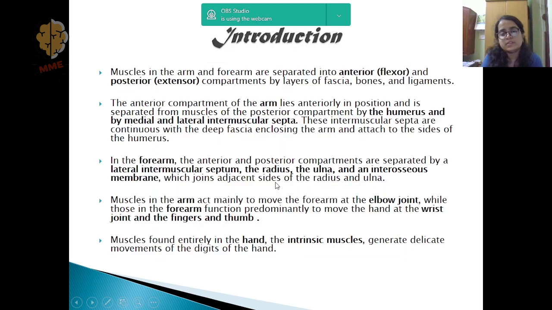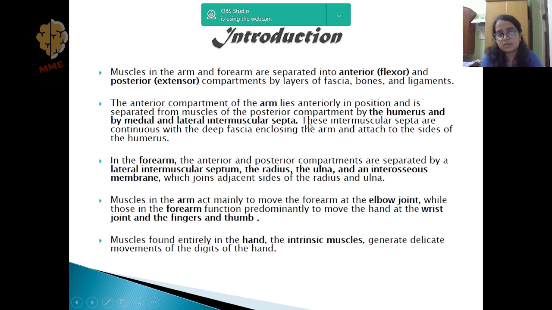So basically this is written in words in this slide, where it is elaborated that the anterior compartment of the arm lies anteriorly in position, separated from the muscles of the posterior compartment by the humerus and by the medial and the lateral intermuscular septa. Now, medial and lateral, I hope you guys know these terms. Medial means towards the body, lateral means away from the body.